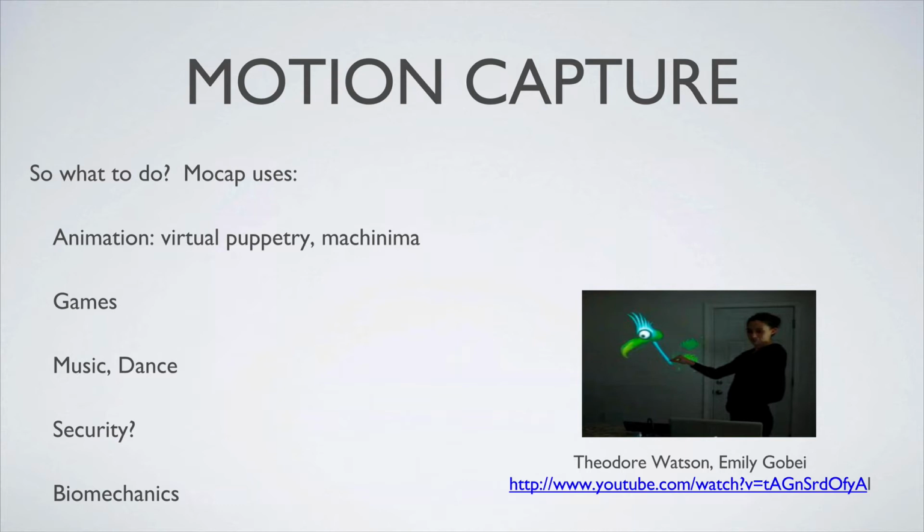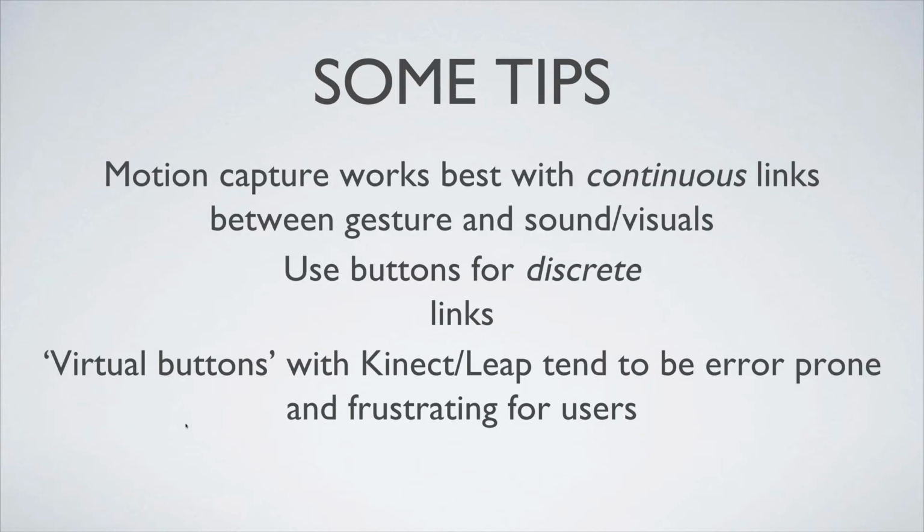Motion capture will often be the main way in which they capture the acting of the performers. You can use motion capture within games as well. You can use it for music and dance. You could use it for security as well, and biomechanics to work out whether someone is who they say they are. You can actually understand a lot about a person and a lot of unique things about a person by looking at their motion.